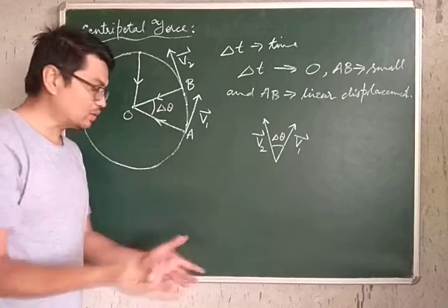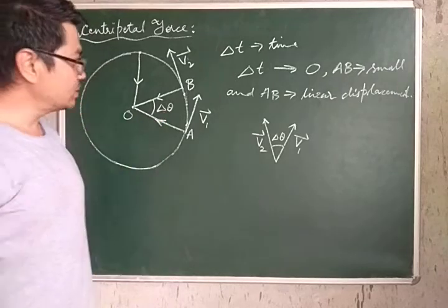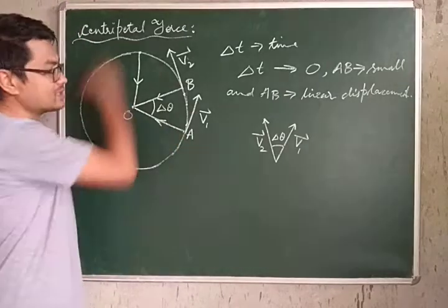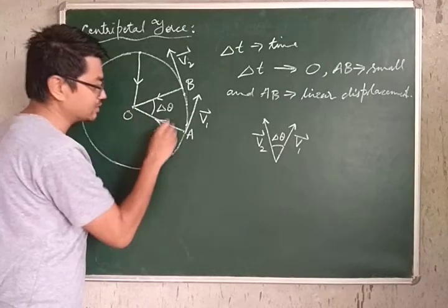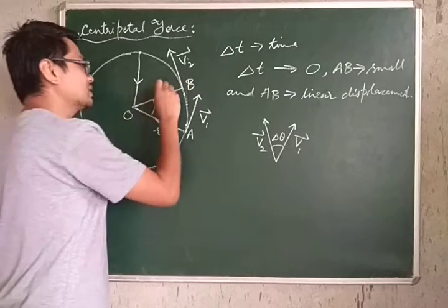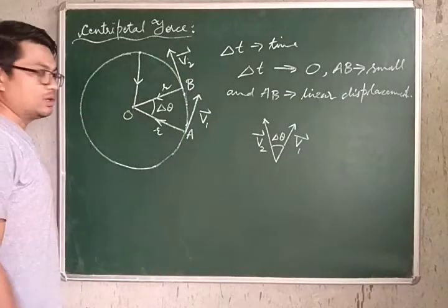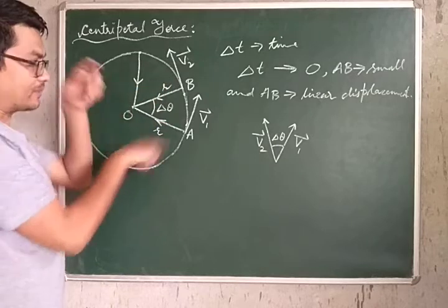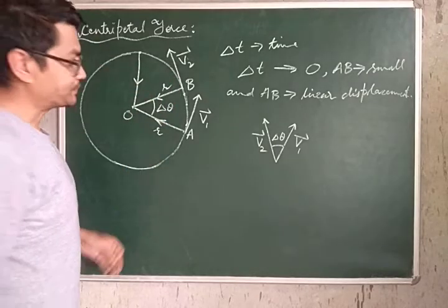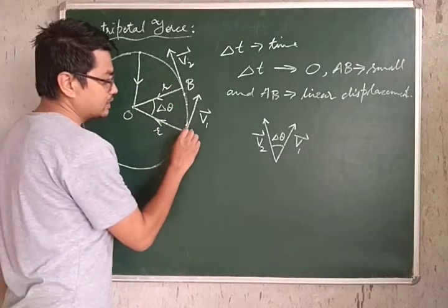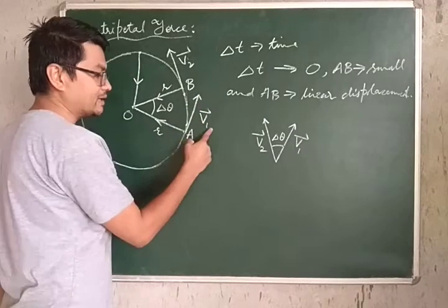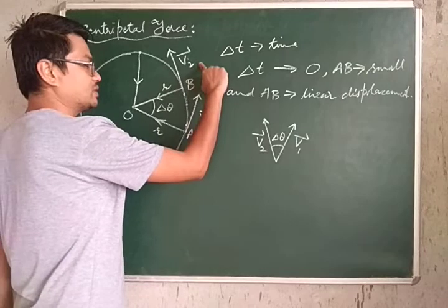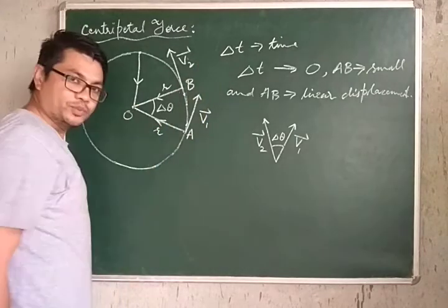Now, if you ask me why, I don't know whether you've studied this in mathematics or not. OA is the radius of the path. Let me represent it by r. So OB is also r. These are the two radii at the points A and B. And this velocity v1 is the tangent to OA. Likewise, velocity vector v2 is the tangent to OB.